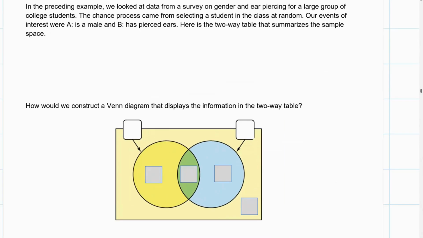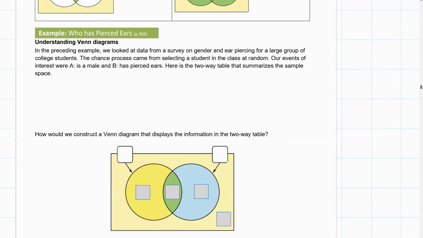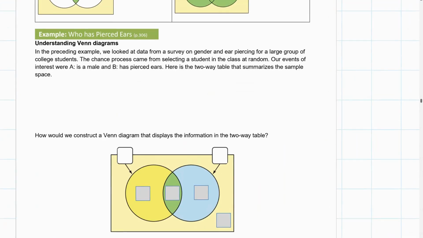If we were to go back in time and think about the pierced ears example, here's event A, which was how many people were males with pierced ears. We're going to do this in the groups.